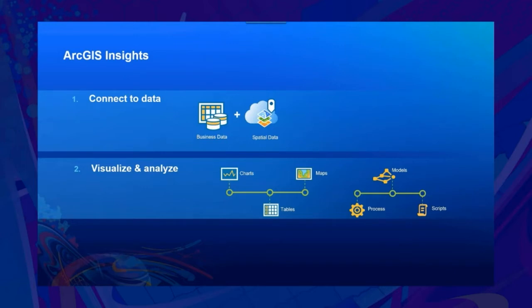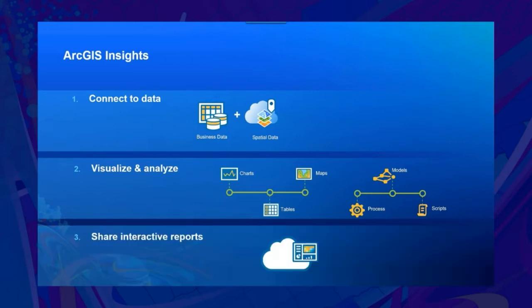Visualize it, analyze it, throw it into charts, maps, tables, explore it. And not only just explore it, but ask questions of your data. Run processes, run scripts, and everything that you do within Insights is recorded in a model. And once you're satisfied, added context to your information product or interactive report, share it with others so that it can be used.